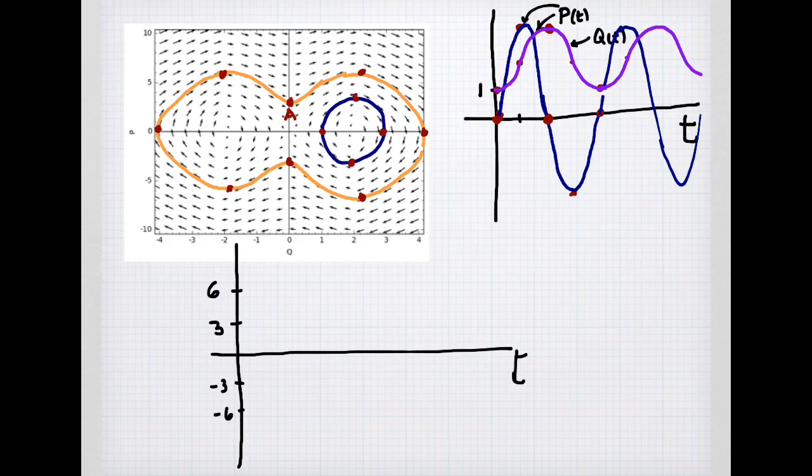So, I start with my P variable, its vertical axis, from 3 to 6 to 0 to -6 to -3 to -6 to 0 to 6 and back to 3.